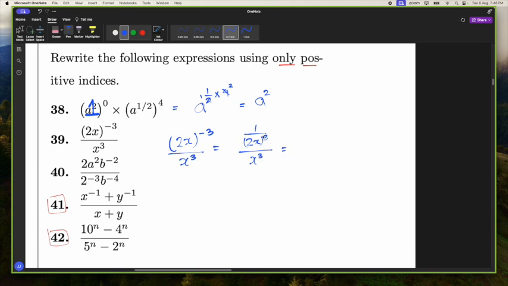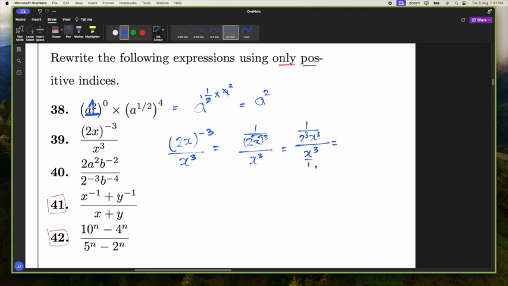Because we know that if we take the cube, we could multiply it by the 1 there and the 1 there. So this numerator does end up being 1 over 2 cubed x cubed, divided by x cubed. Remember, when you're dividing by a fraction, I could call this x cubed over 1.